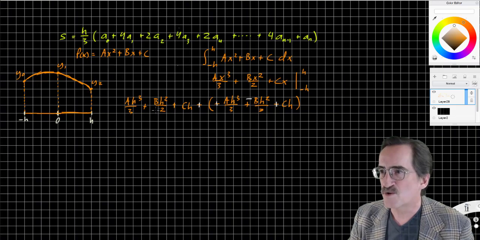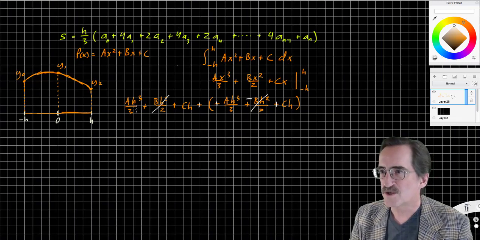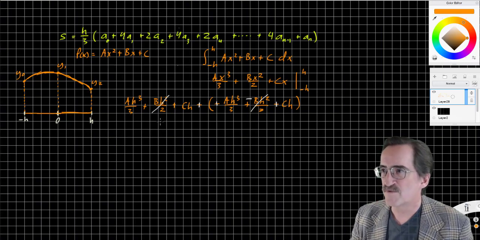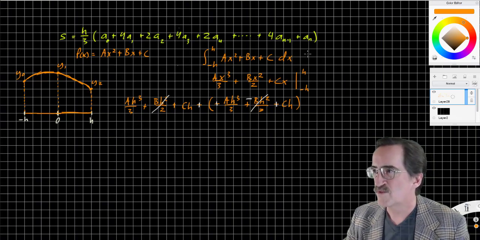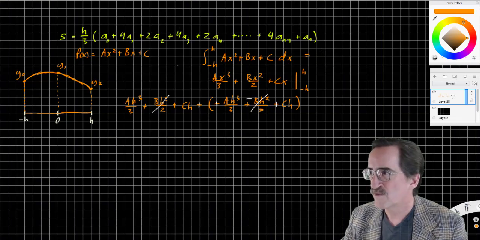The bh squared over 2 terms, you notice, cancel out: bh squared over 2 minus bh squared over 2. The ah cubed over 3 terms, there are 2 of them, and there are 2 ch's. So this simplifies to 2ah cubed over 3, plus 2ch.